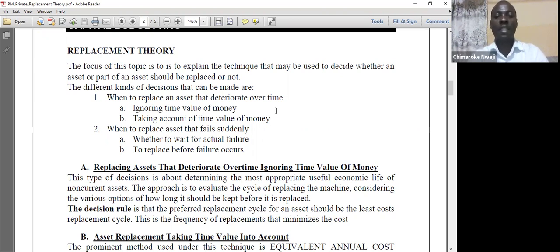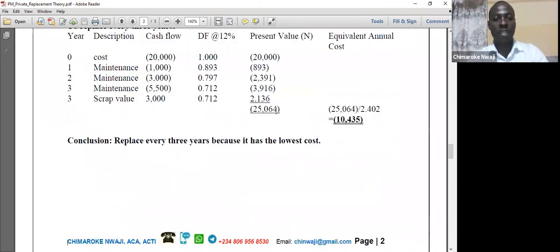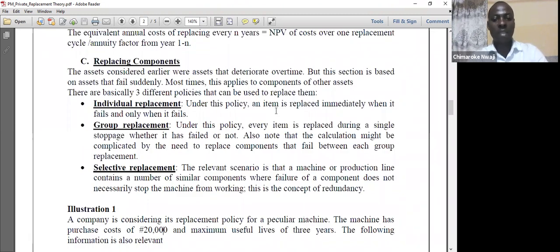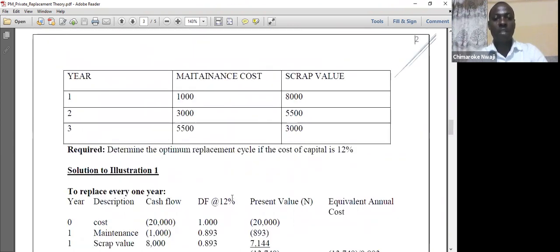Okay, so we talked about using time value of money and also ignoring time value of money. So we looked at how we can replace this asset that deteriorates, and we use the replacement cycle that is of least cost. So we did something like equivalent annual costs. How did we get the equivalent annual costs?